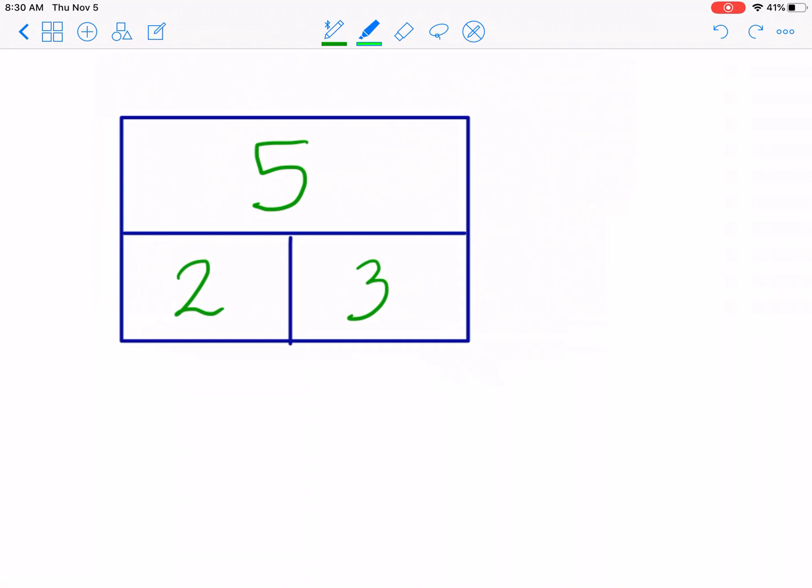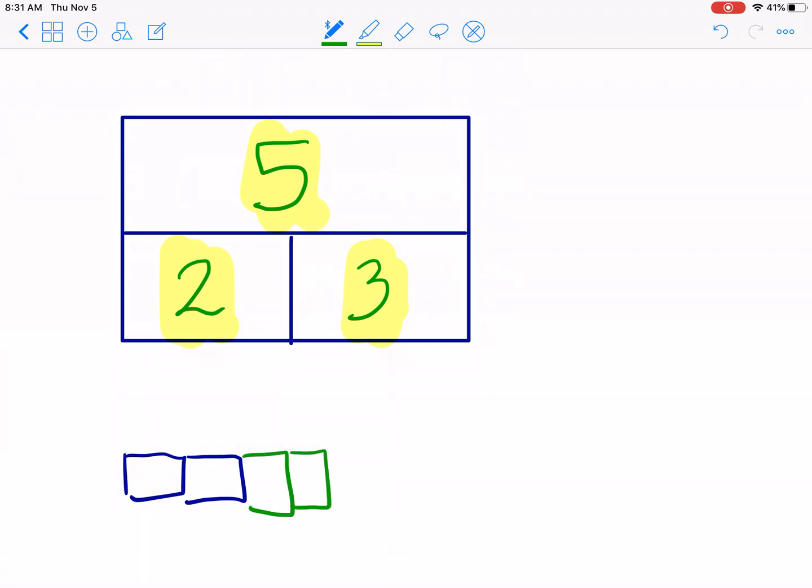So if we're going to look right here, I have 2, 3, and 5. Now, I like to think of these as our counters, as we used growing up. And let's break that down for just a second. Let's say we had 2 blue counters and we connected them to 3 green counters.